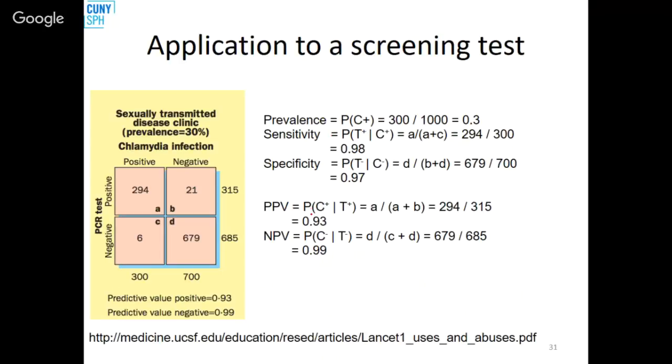So remember, the probability of, let's say, chlamydia given a positive test is equal to the probability of a positive test given chlamydia, that's the sensitivity, times the probability of chlamydia, that's the prevalence, divided by the probability of a positive test.